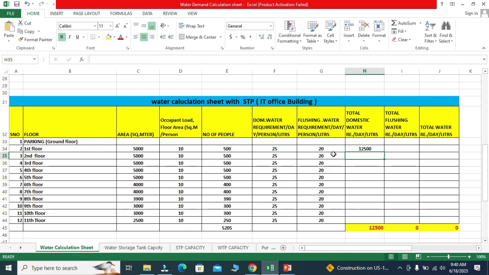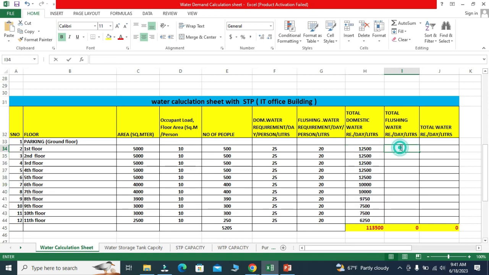How much? 12,500 liter water requirement for the first floor, for 500 people. This is for domestic water consumption. In this way we can calculate up to the 11th floor.